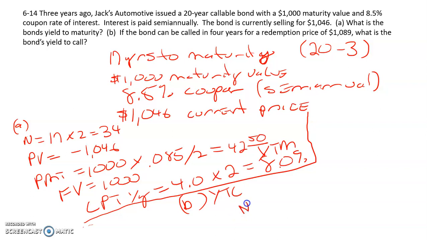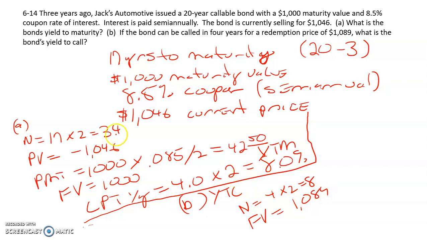We adjust our N, and since it can be called in 4 years, it's 4 times 2 equals 8. And then we change our future value. That's where our redemption price, or call price, is entered, so this would be $1,089.